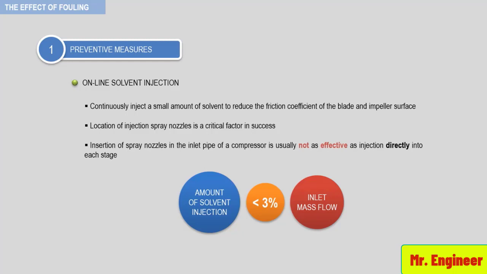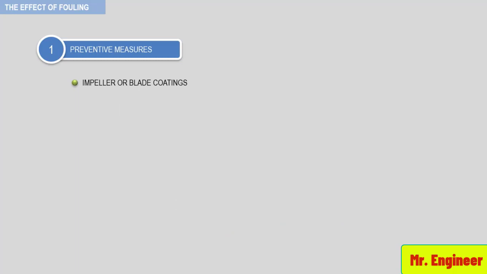The last preventive measure that we will cover in this video is impeller or blade coatings. In the last couple of years, some users have investigated and have used impeller and blade coatings to reduce friction, instead of continuous solvent injection.